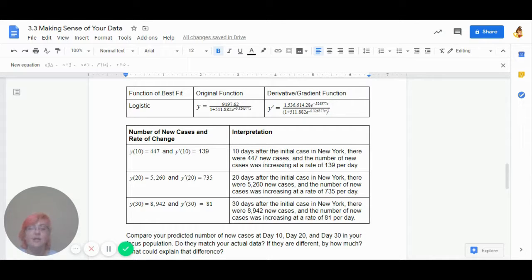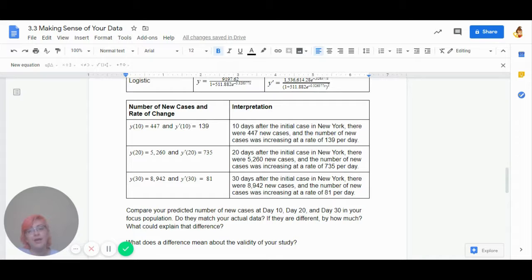At 30 days, we were looking at a predicted amount of 8,942 new cases, and the number of new cases was increasing at a rate of 81 per day. So you can see that your rate of change actually decreased at day 30.